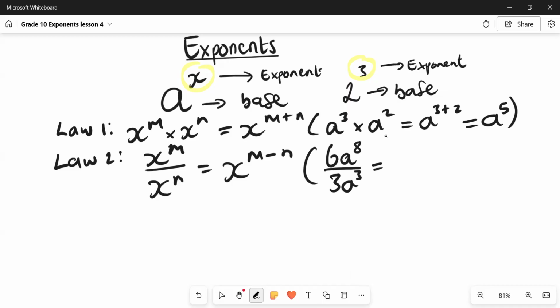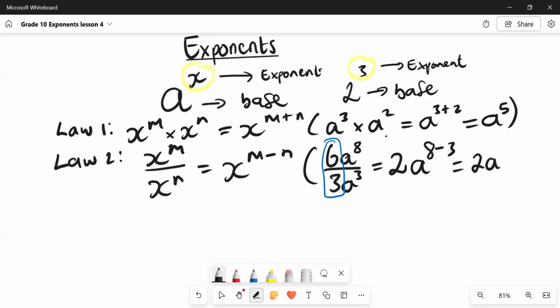The first thing that you have to do, you take care of these coefficients. So 6 divided by 3, that's 2. And then a to the power 8 divided by a cubed, that's just a to the power 8 minus 3, which equals 2a to the power 5.